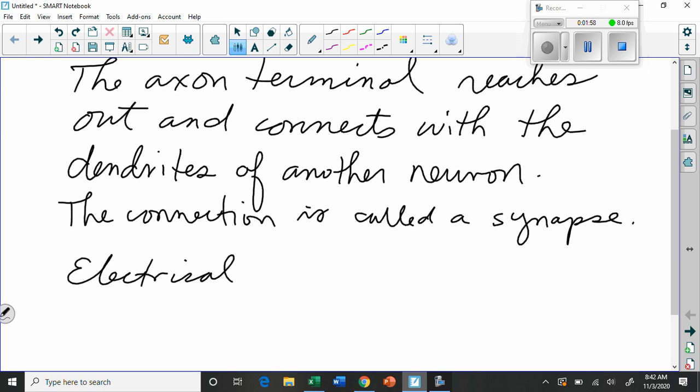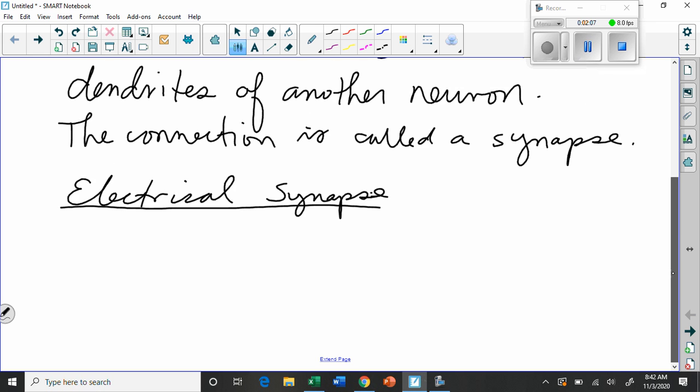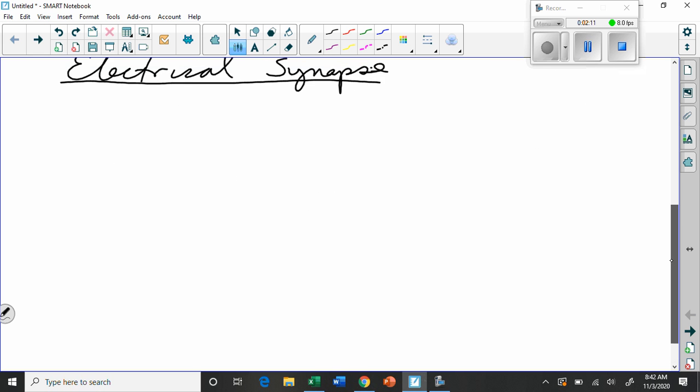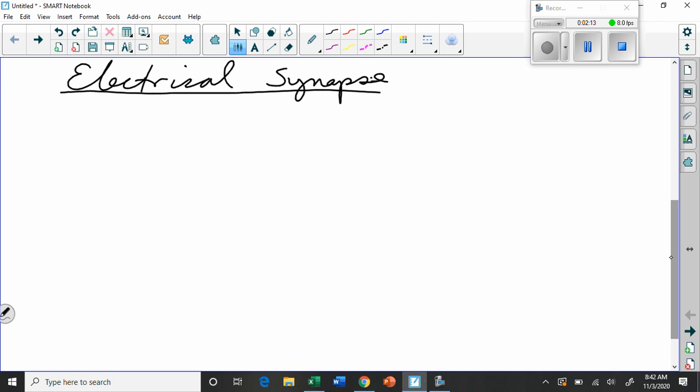An electrical synapse. We'll draw ourselves a little picture of how the electrical synapse works.